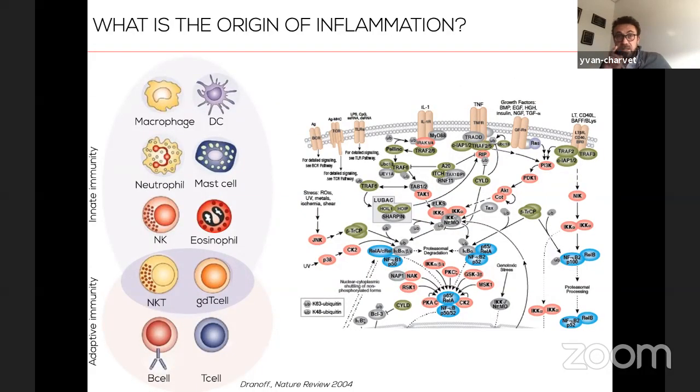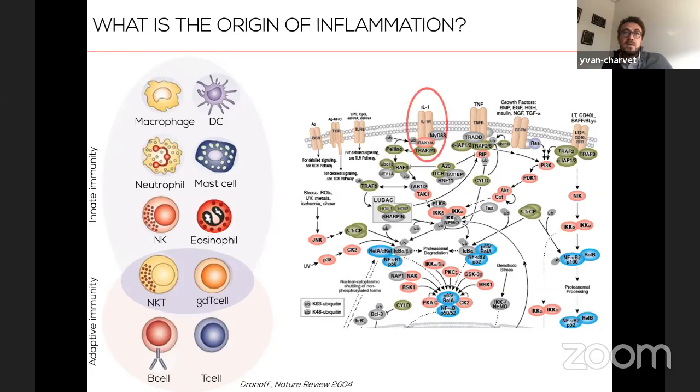So the origin of the inflammation is still not completely clear. We know that both innate and adaptive immunity contribute to the inflammatory response. But if you look at the different signaling pathways, it starts to become very messy, and we still don't know what is really the origin of the inflammation.